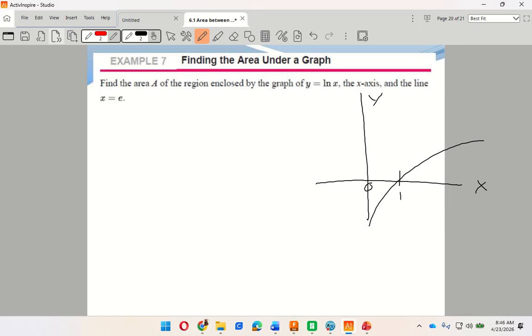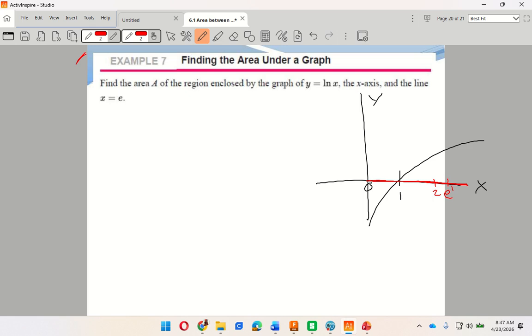And so I'm bounding it by y equals ln x, the x-axis. So that means it's going to be bounded by that. And x equals e. So here's 2, and here is e. So e to the first is like 2.7.